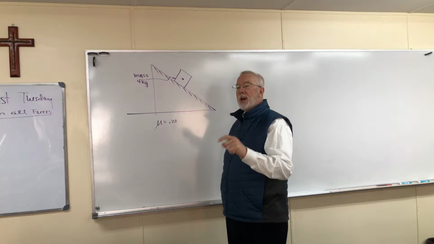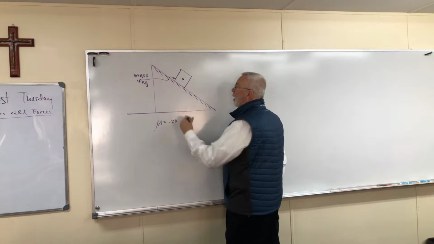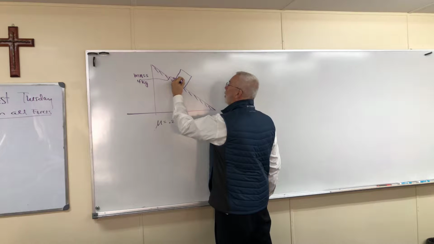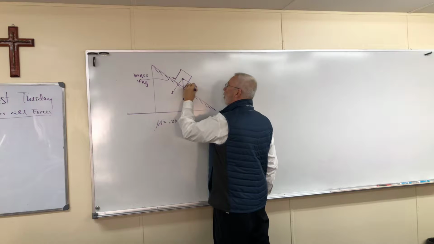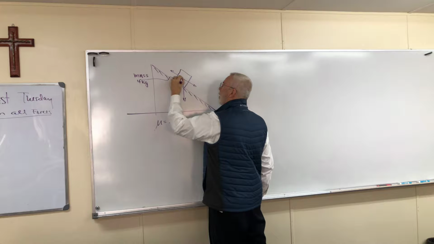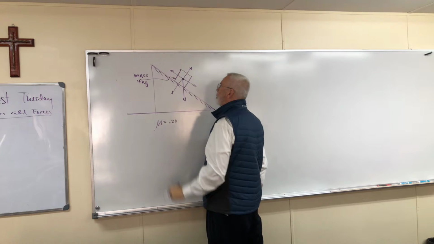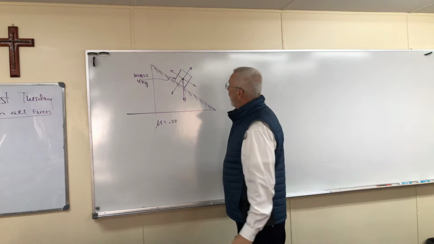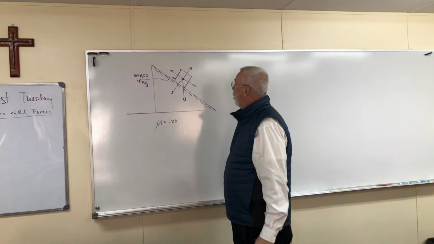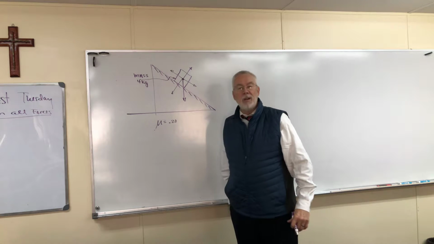So in step number 1, I said in class, let's try to establish what each of the forces are that are acting on the object that's on the inclined plane. Okay? And I suggested that you draw those 5 arrows every single time.